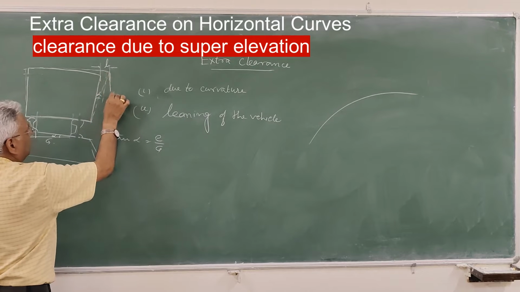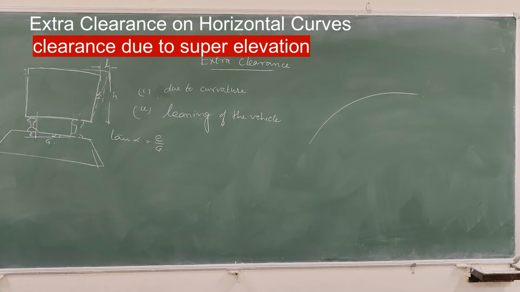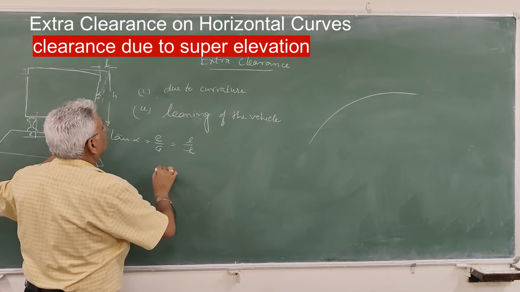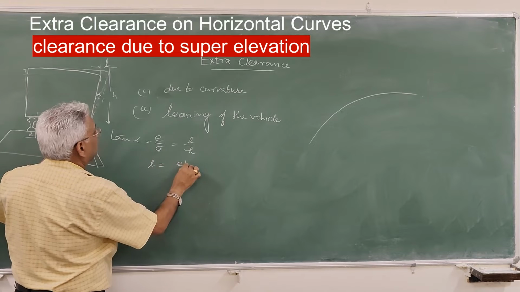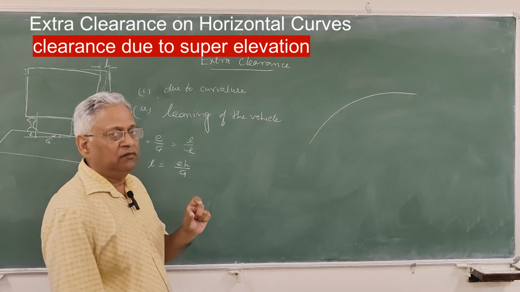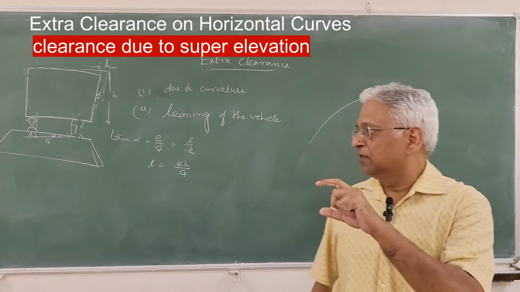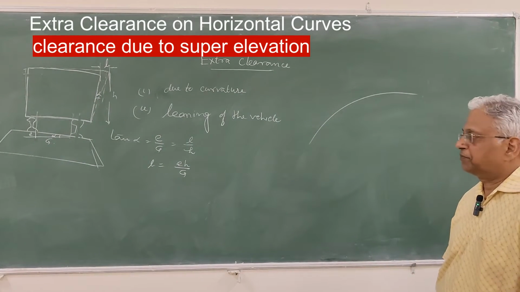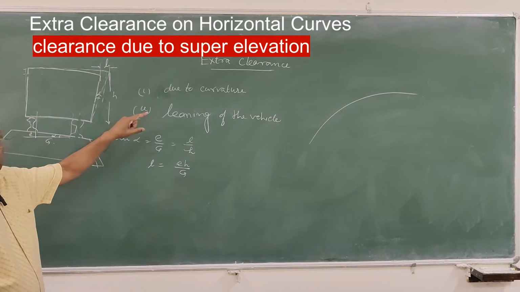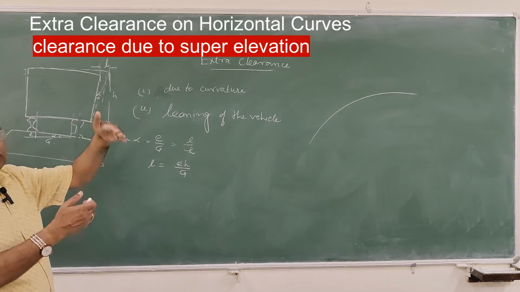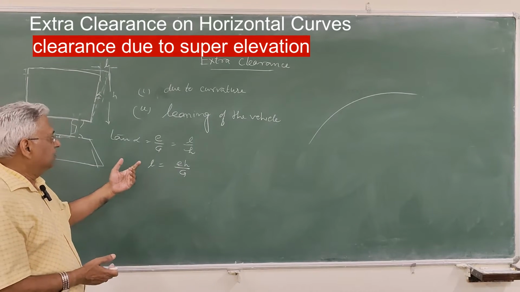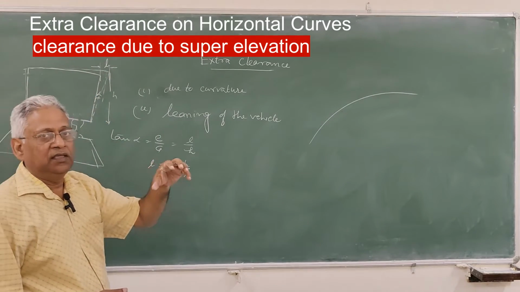And if this is the height of the bogie, then tan alpha will be L upon H. Therefore the lean will be EH upon G. E is the amount of super elevation, H is the height of the bogie, and G is the gauge. It is not dynamic gauge here, it is the normal gauge. This extra clearance because of super elevation is on the inside of the curve only, not outside the curve. And the height of this bogie will depend upon the gauge.